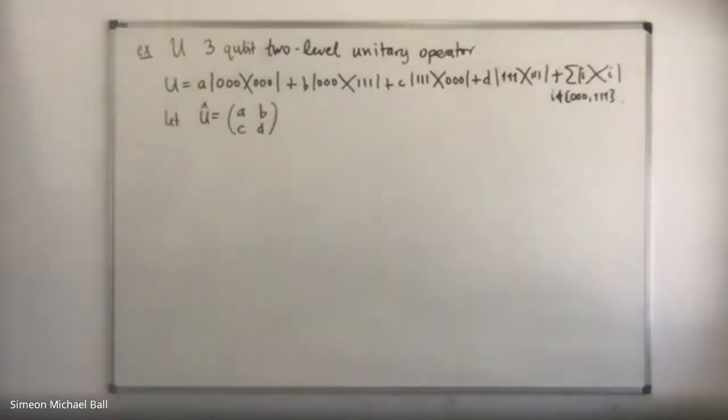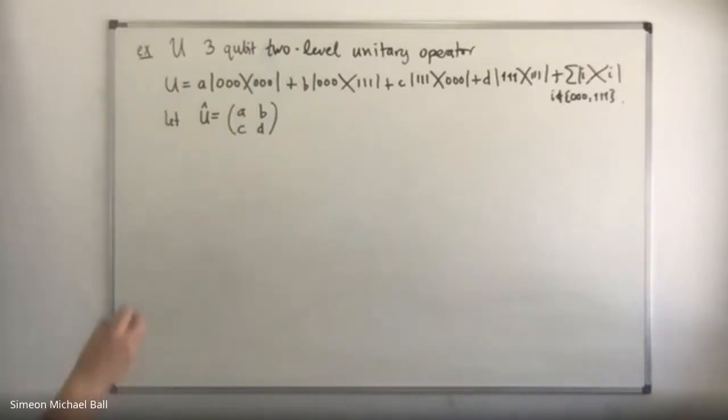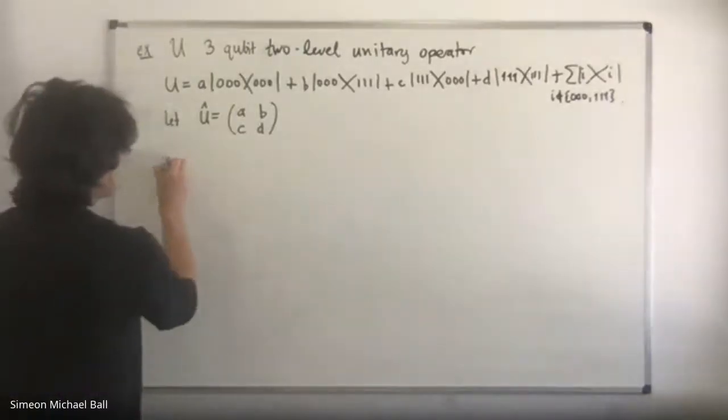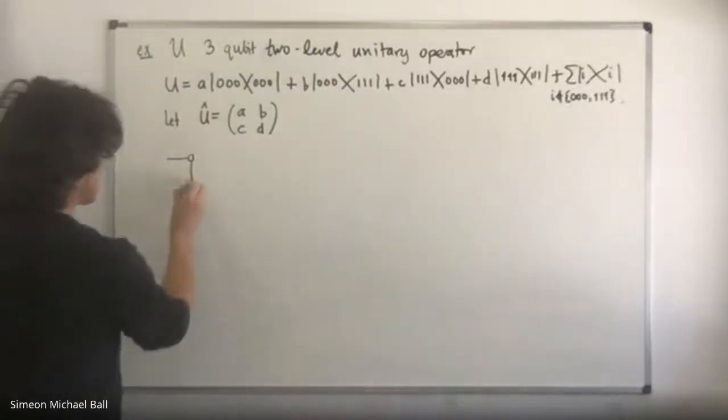So we want to try and push everything onto the same qubit in such a way that we can then apply U hat. And, well, possibly not obviously, this we can do in the following way.